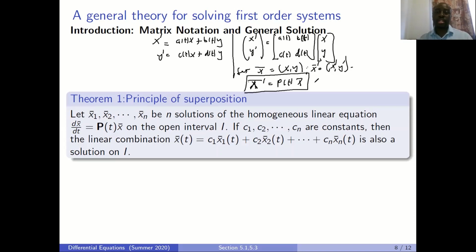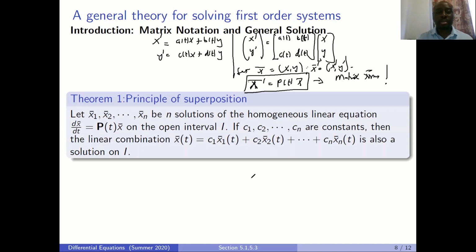And this is my system of linear equations in matrix form. This is going to be the basis for the general methodology that we are going to introduce. It doesn't matter if we have 10 unknown functions, we can still set up this matrix equation.